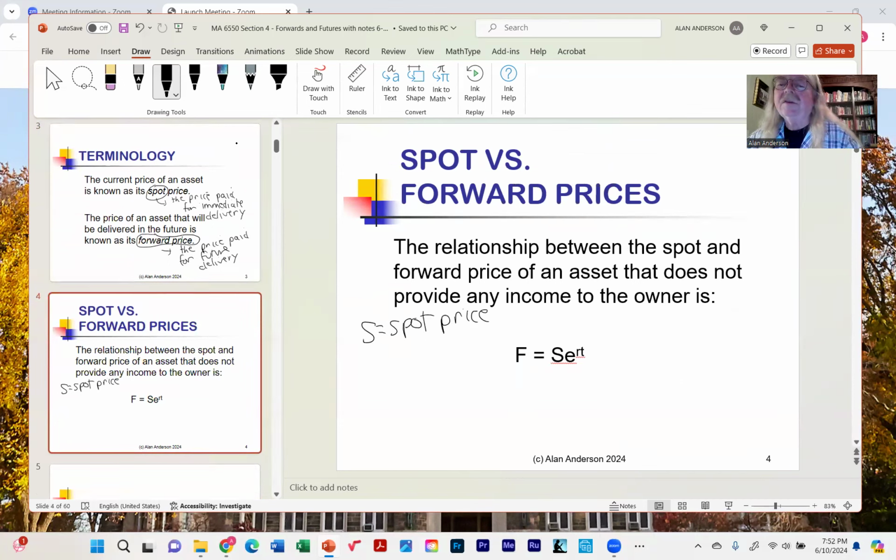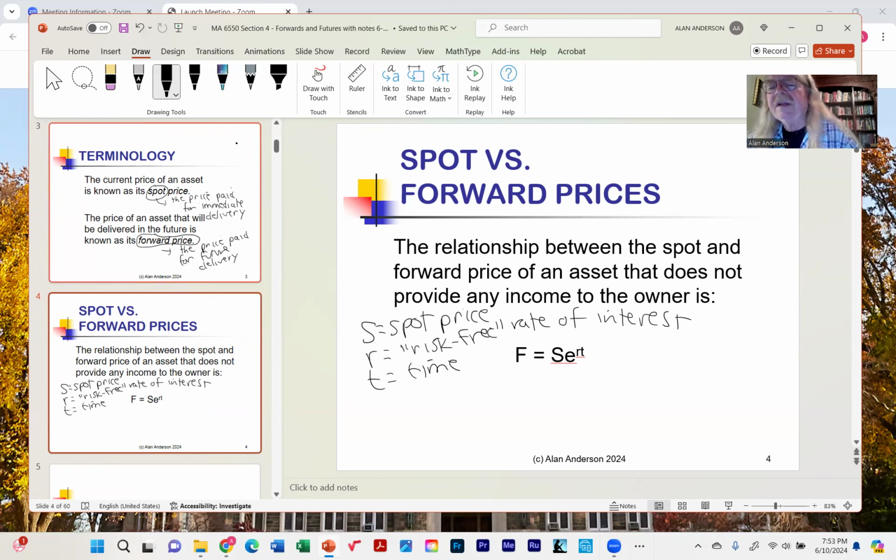That's the price for immediate delivery. Okay, now R, we'll see this a lot as we go along with these derivatives models. R is the risk-free rate of interest. Now, what does that mean? Well, T, by the way, is the time, usually measured in years.